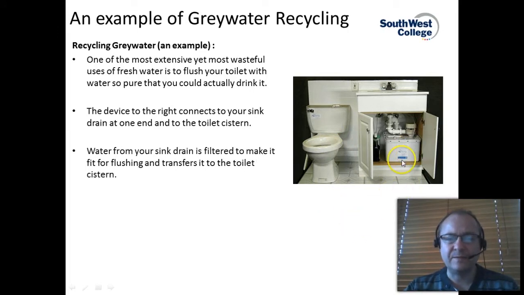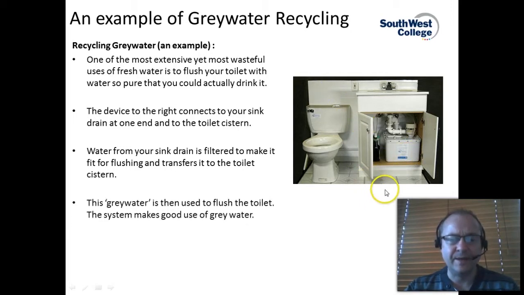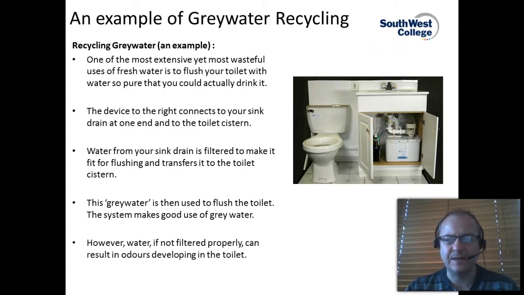So basically the water from the sink is filtered to make it suitable for flushing, and it's transferred into the toilet cistern ready for flushing. In this way this little standalone system makes good use of greywater in that it fills your cistern up from your wastewater from your bathroom sink.